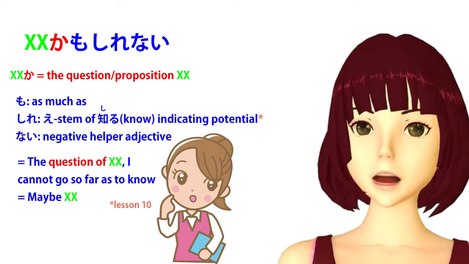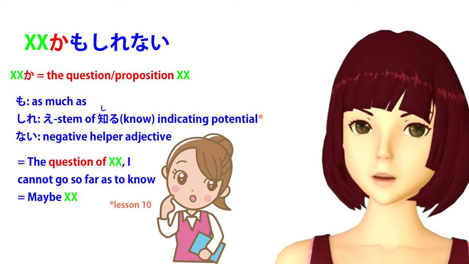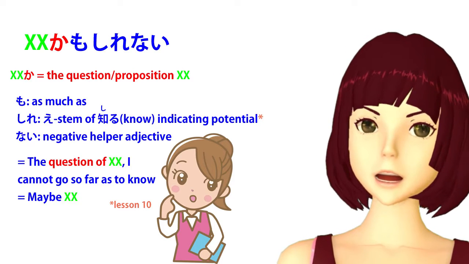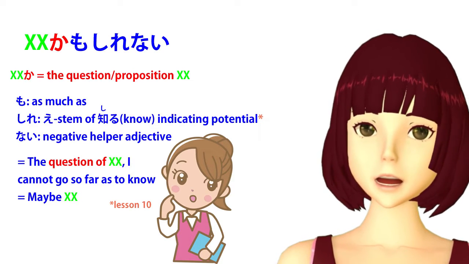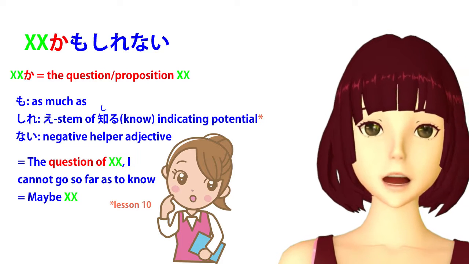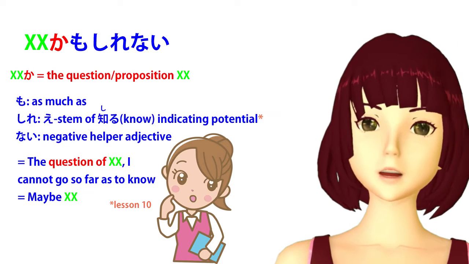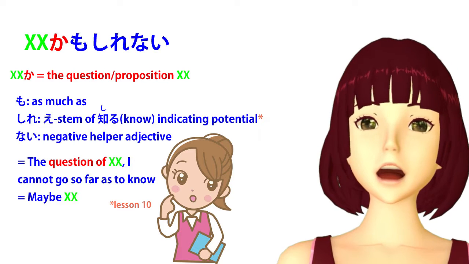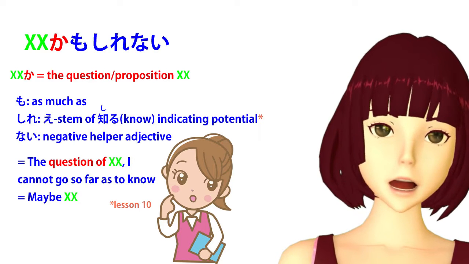That ka is attached to the proposition that we are talking about. So if we say, Sakura ga kuru kamoshirenai, perhaps Sakura will come, what we're saying is, Sakura ga kuru ka, that's the question or proposition that we're talking about, and then mo shirenai.